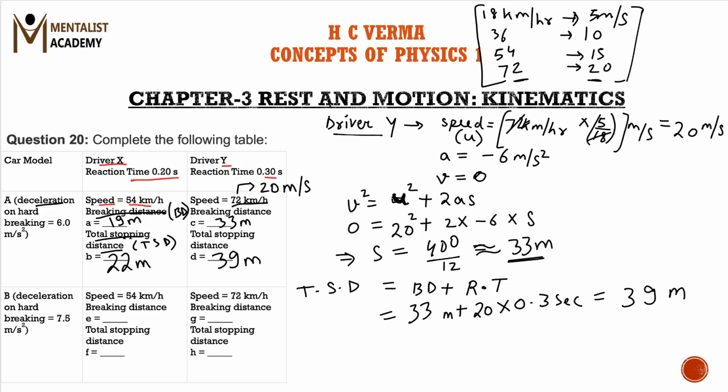In case B, the speed is the same but the deceleration, or the negative acceleration, is different. Let us calculate for driver Y first because we have already written the data. We just need to replace this acceleration by 7.5. In this equation also let us replace it by 7.5.